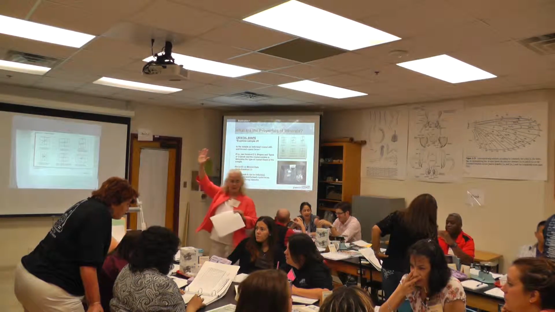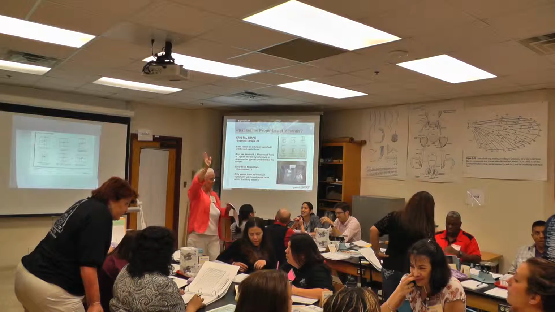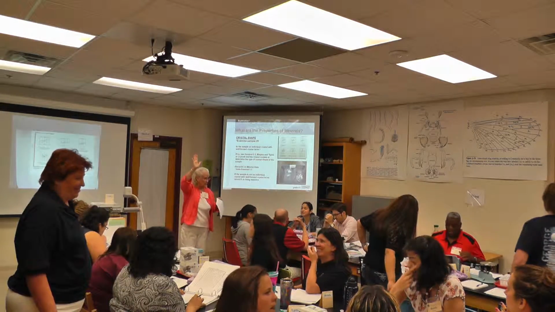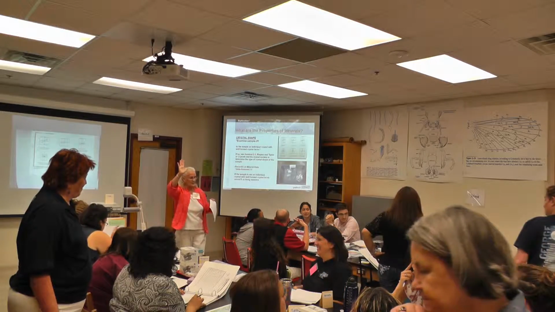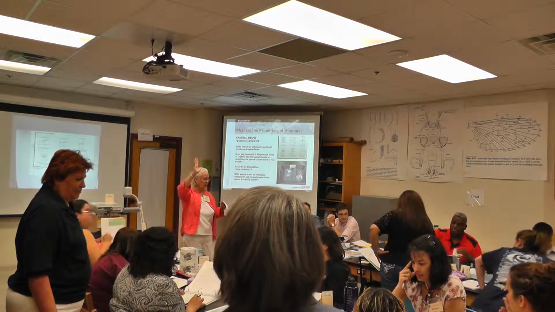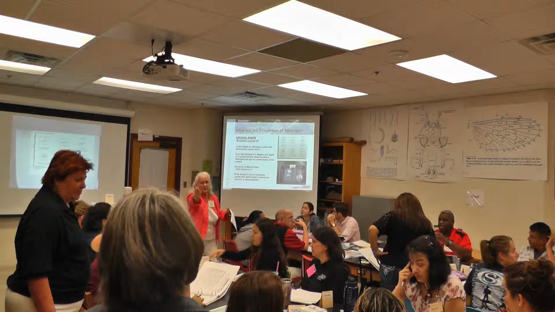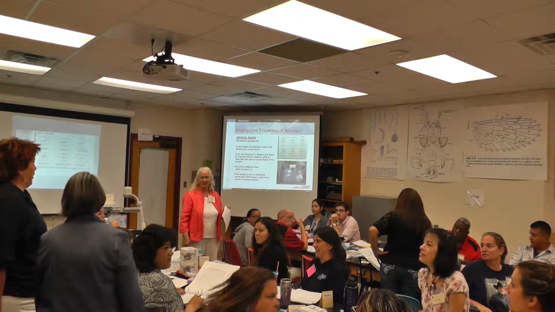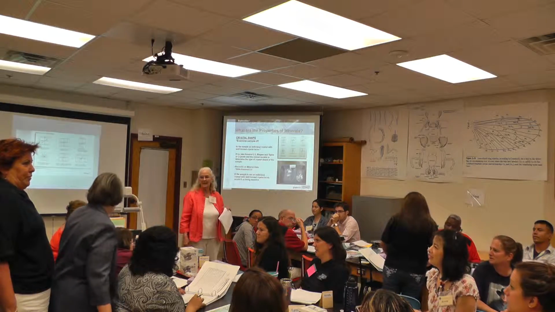All right, I need your attention, please. I am seeing your models correctly positioned, so if you will put those in the tray and give your attention to Mrs. Browning.